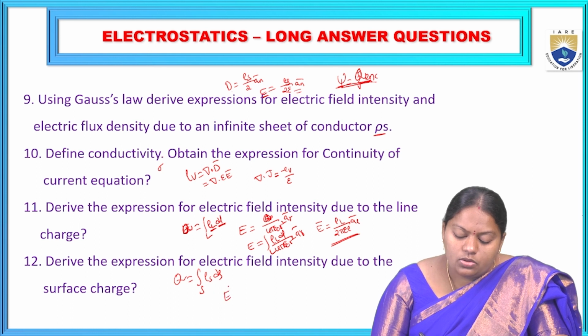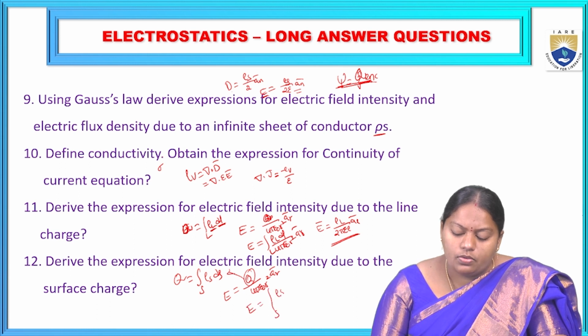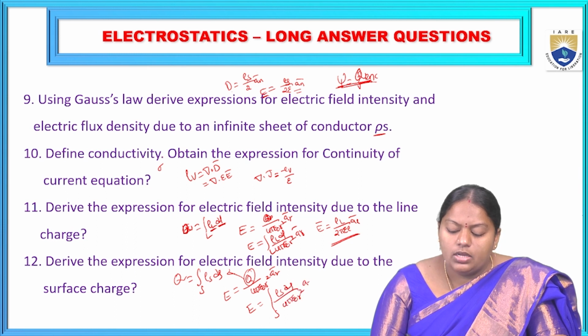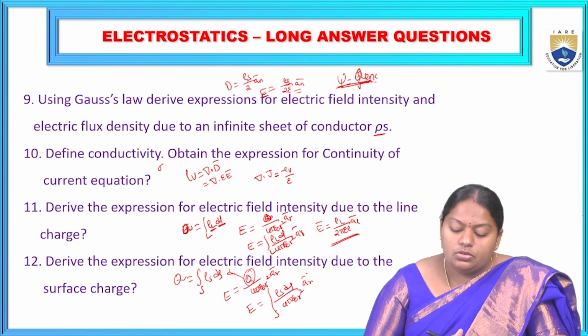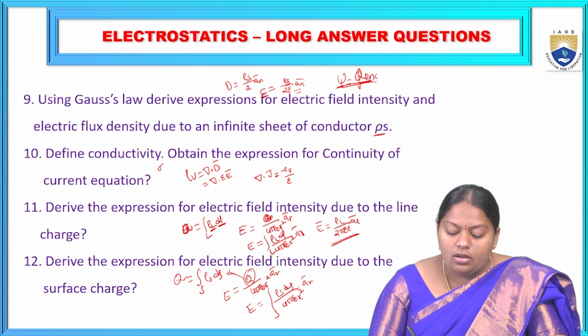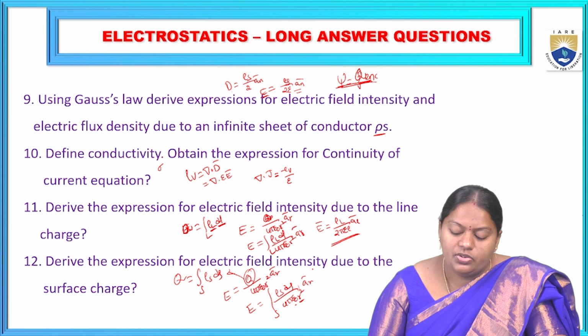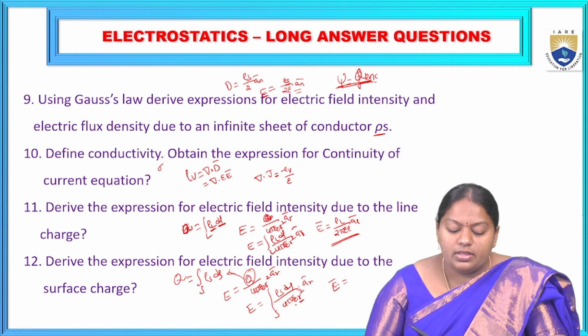If you substitute this Q value in E, that is Q by 4 pi epsilon naught R square into aR, then E equals integral over S of rho S dS by 4 pi epsilon naught R square into aR. Depending upon the R direction, you consider the formula for dS, and after evaluating the R direction element and the distance, everything needs to be substituted here. Then from that, we will get the final equation.